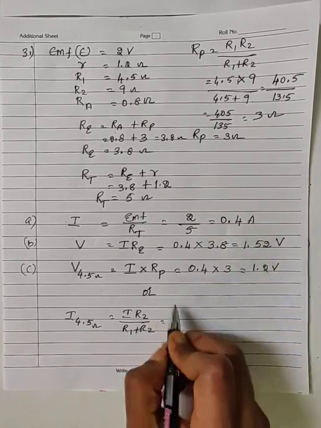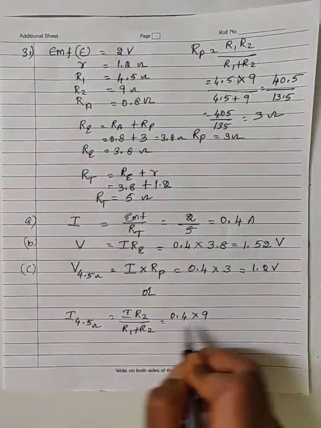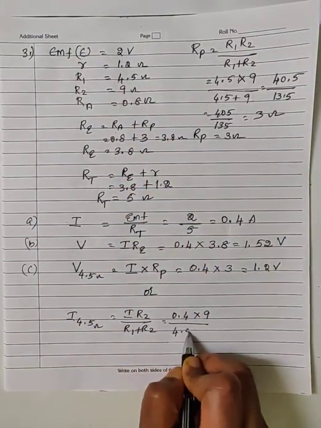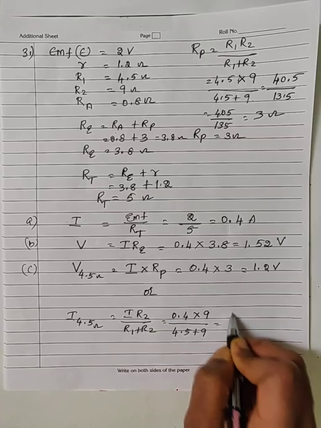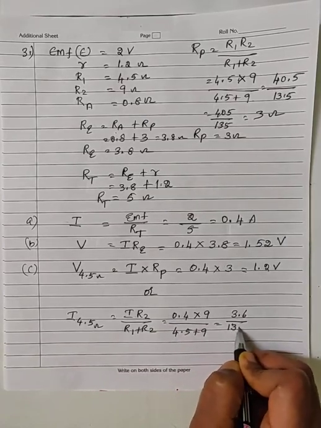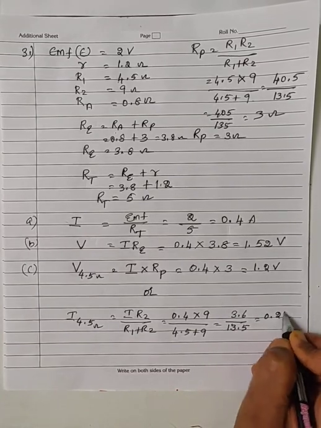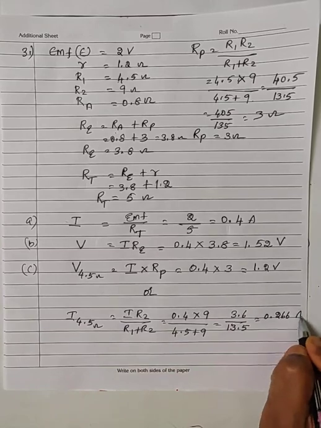Current drawn from the cell I is equal to 0.4. R2 is equal to 9 divided by 4.5 plus 9, which is equal to 3.6 divided by 13.5, which is equal to 0.266. SI unit of current is ampere.